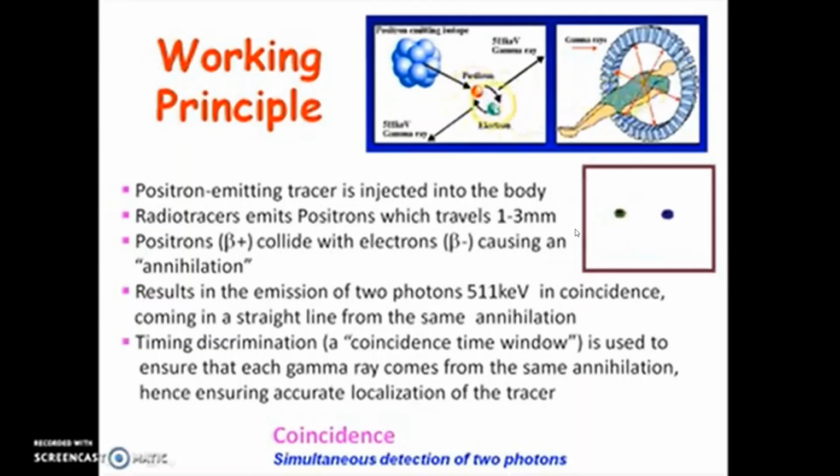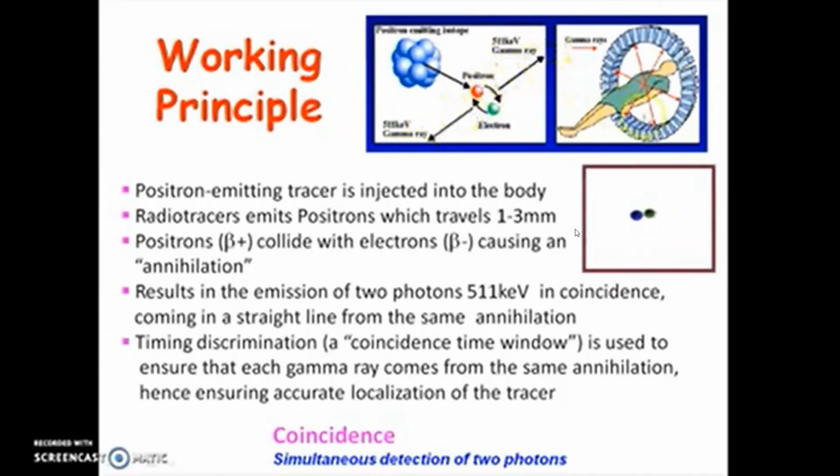When it collides with it, which we call annihilation, 2 gamma rays whose energy is 511 keV are emitted in exactly opposite directions. Have a look once again. When the positron collides with the electron, annihilation happens and two 511 keV gamma rays are emitted in exactly opposite directions.